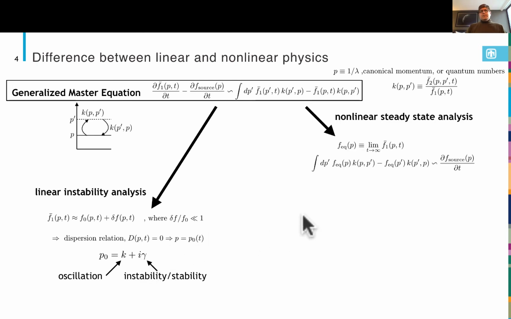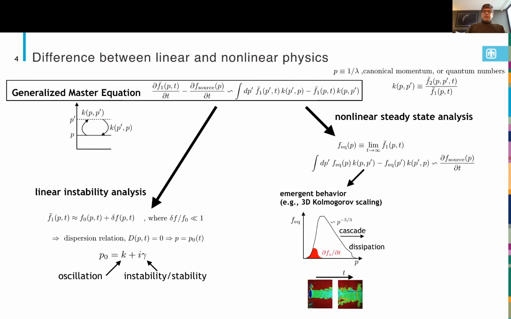But now when you're looking at a nonlinear system, you're really going in search of steady states, where if you go into long time, they reach a time-independent solution. Well, you just set the partial with respect to time to 0, and you find all the stuff in minus stuff out is just equal to your sources. If you're dealing with 3D, you have some source at large scale.